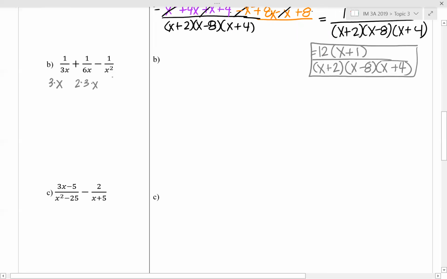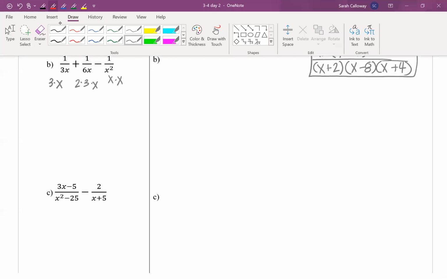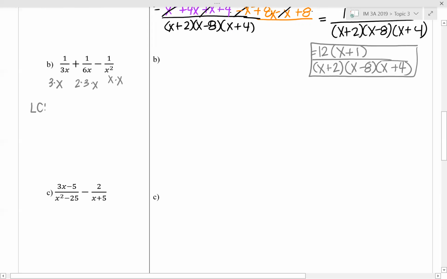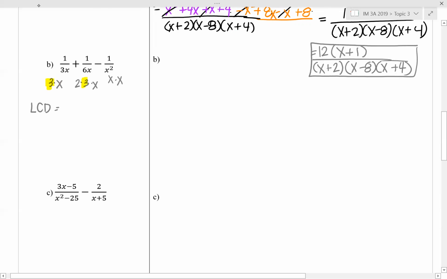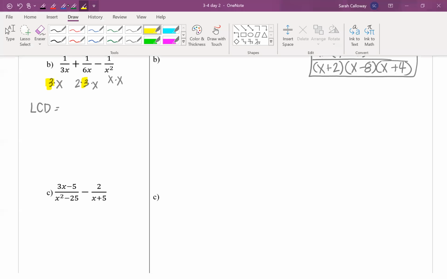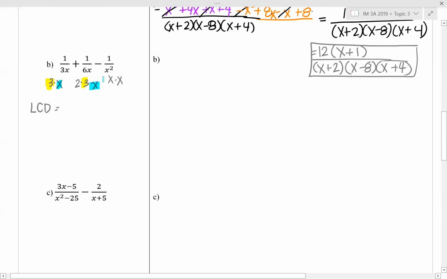And then x squared I can only think of as x times x. And so when I'm doing this, to find my LCD, I'm thinking more about what factors they have in common still. But in this case, my factors are just single entities. So these two have a 3, and then all 3 of them I can see have an x.